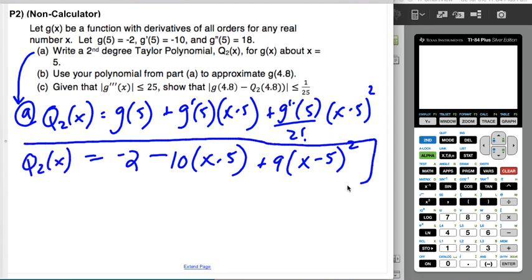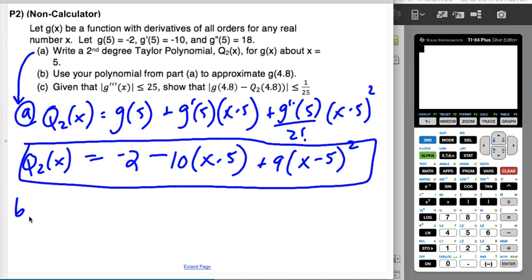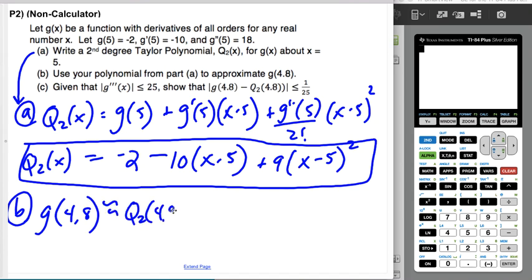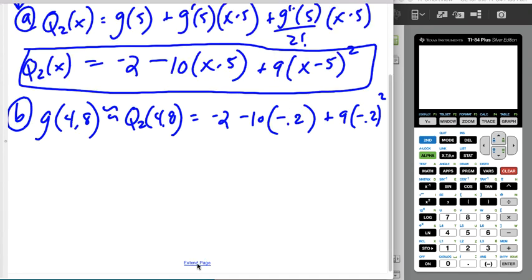The second thing I was asked to do was use my q sub 2 of x to approximate the value of g. So g of 4.8 is approximately q sub 2 of 4.8, right? Which is going to be a negative 2 minus a 10 times, well, this will be a negative 0.2, right? Plus a 9 times a negative 0.2 quantity squared, which we'll deal with in a sec.